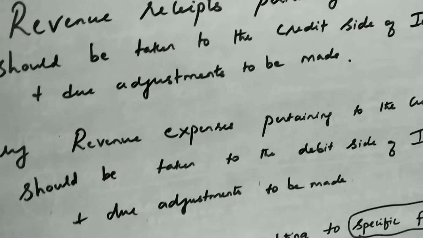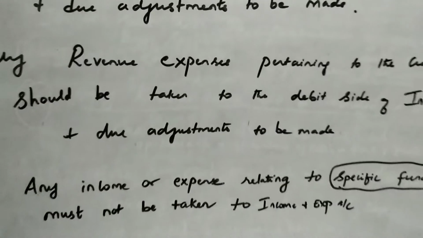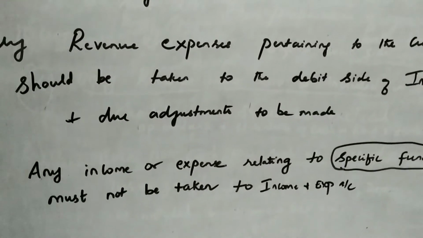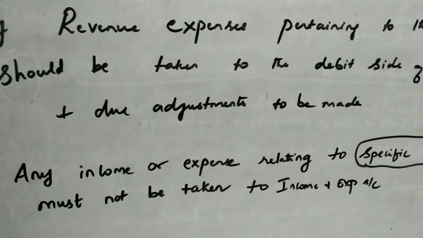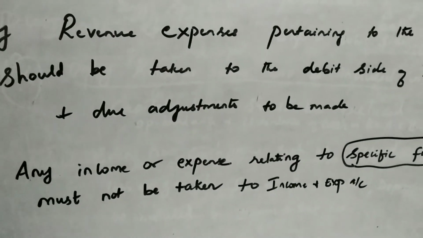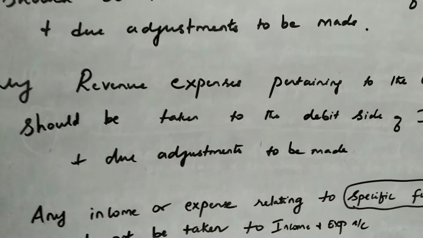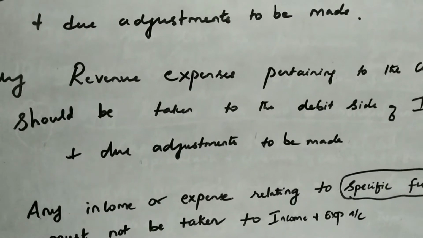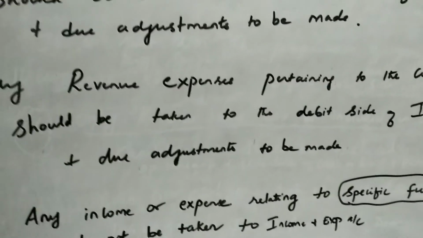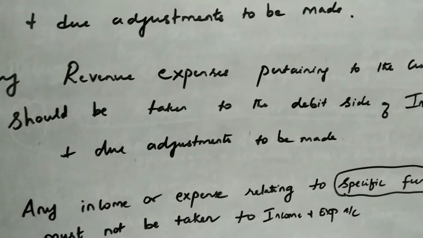And then any income or expense relating to a specific fund must not be taken to income and expenditure account. And then one more important point. Non-cash items such as bad debts, depreciation, loss or gain on sale of assets, all these things will be included in the income and expenditure account.